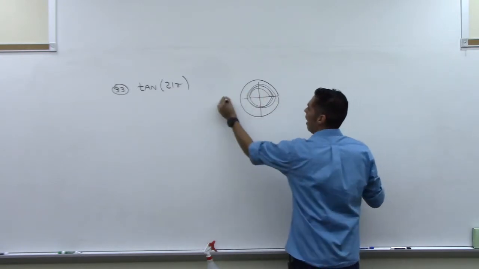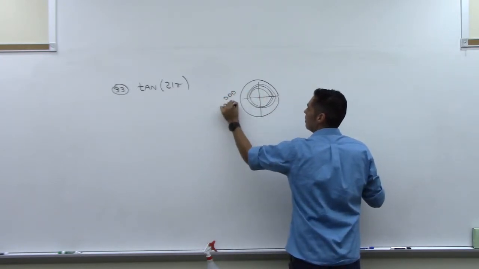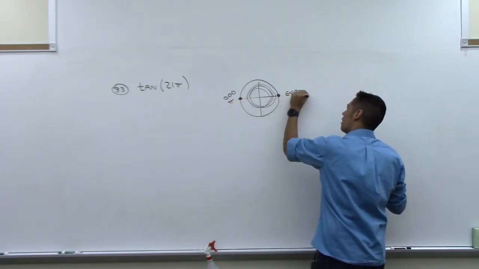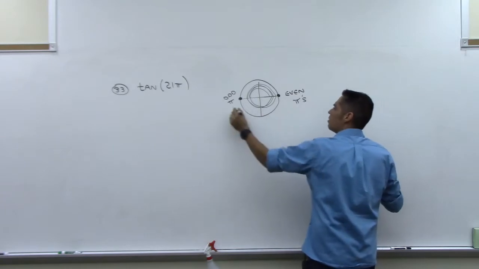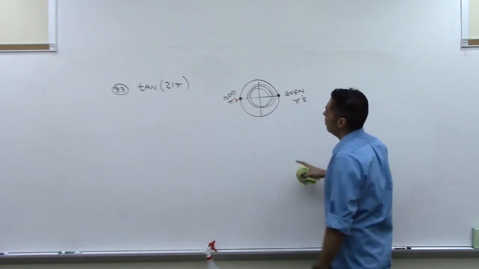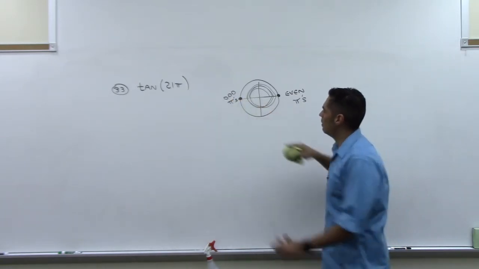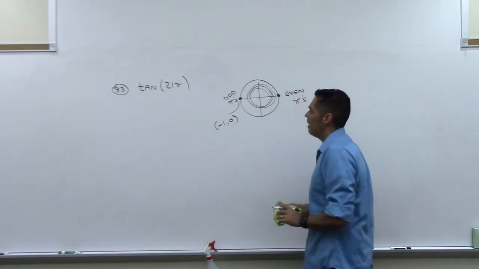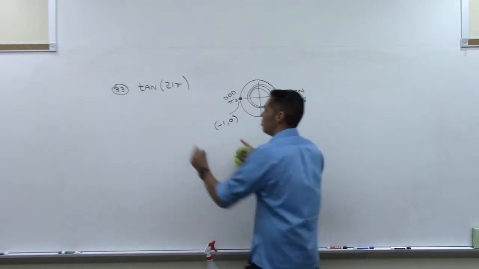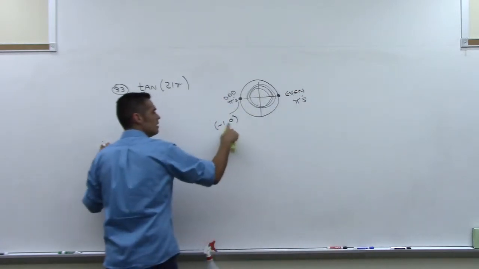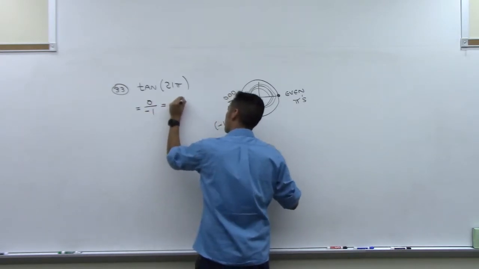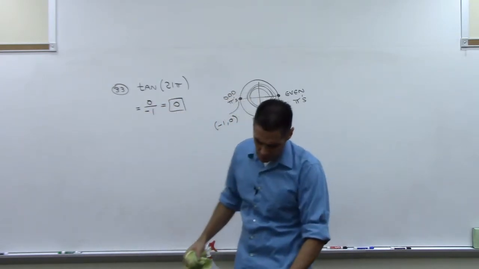Notice that all my odd pi's are right here, and all my even ones are over here. So 21 pi should be here, and that's the special point -1, 0. Tangent, by definition, is the y-coordinate divided by the x-coordinate. So it's 0 divided by -1, which is just 0. So we should get 0 for number 33.